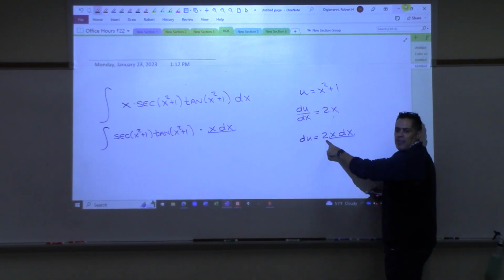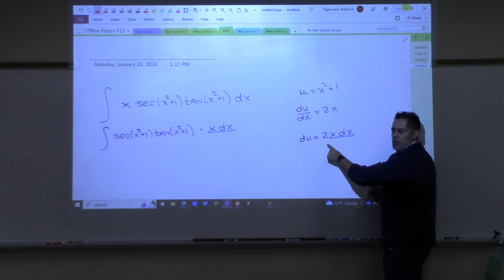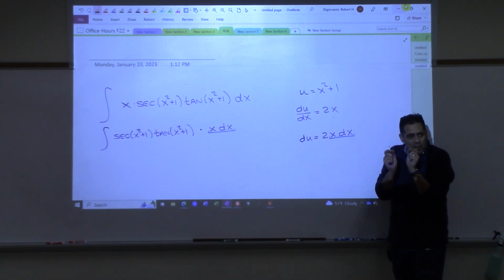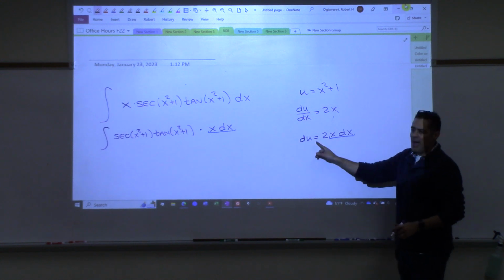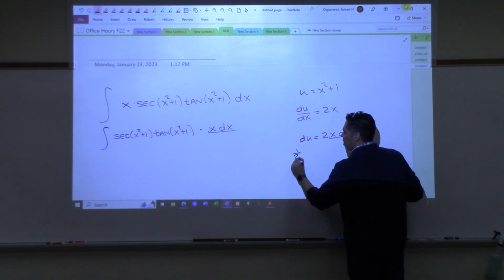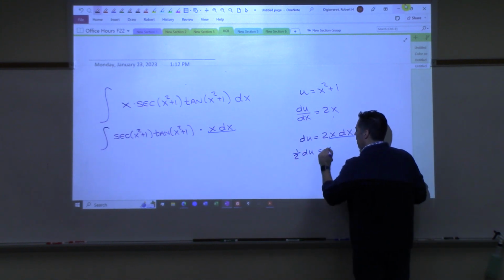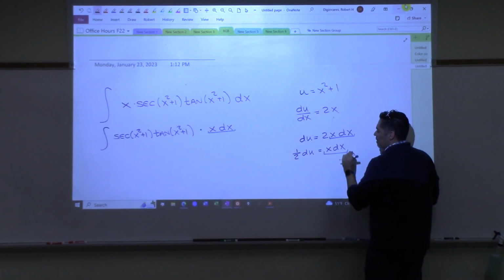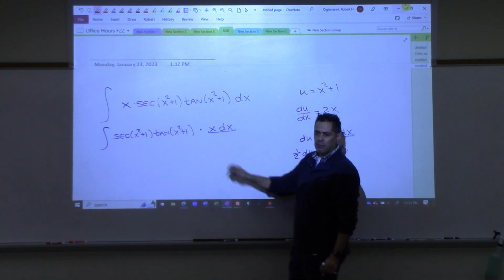The problem is I don't have the 2. So I take this little equation and multiply both sides by a half, and that will kill the 2 over here. If you want, you can say divide by 2. So I get half of du is equal to x dx. And now they match exactly.